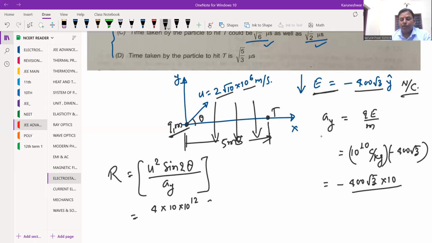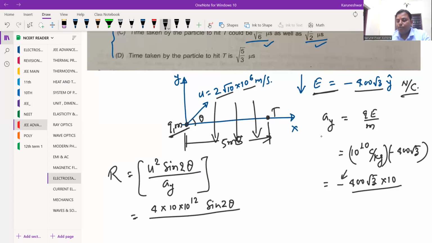Then we have sin 2 theta, this will be the range formula we are having. So it is sin 2 theta divided by the acceleration, and I'm just writing the magnitude part of the acceleration. The negative sign shows only the direction, in the negative direction.